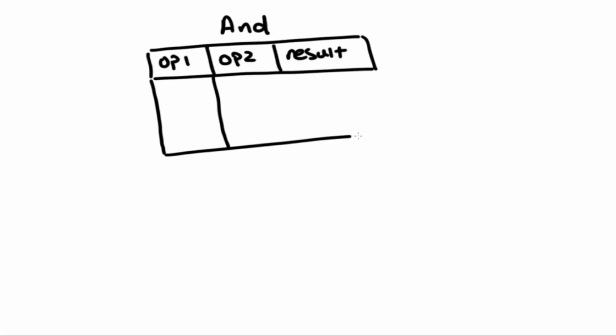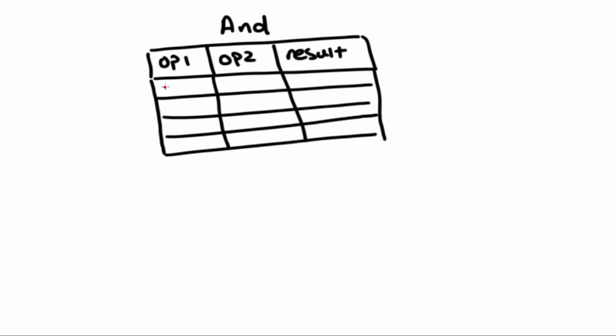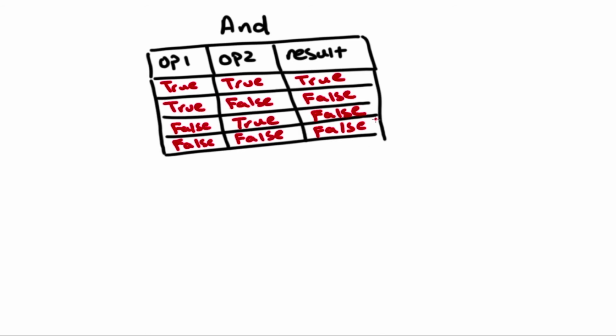The OR operator, on the other hand, will also take two operands, and it will only return false if both of them are false. Let's look at a table that shows all of the different values that the operands can have and what the result will be. If you look at the AND table, it's very obvious that the only time the result is going to be true is if the first operand and the second operand are both true.